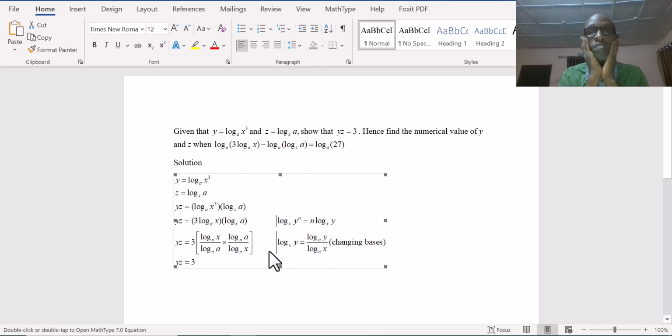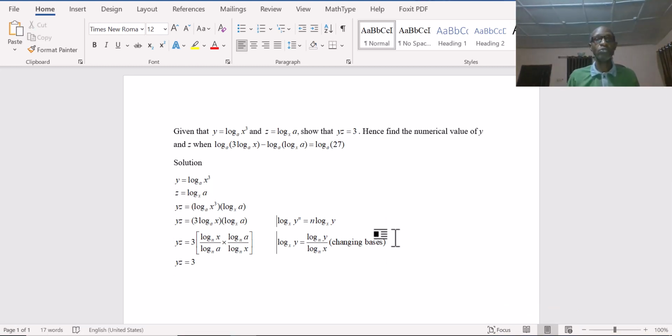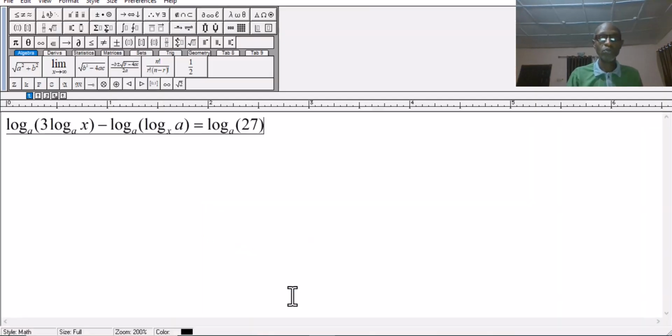Now the second part of the question says: hence find the numerical value of y and z when that minus that is equal to log 27 to base a. So let's quickly treat the second aspect of the question. I'm going to assume this is not there. Now I'm going to start.